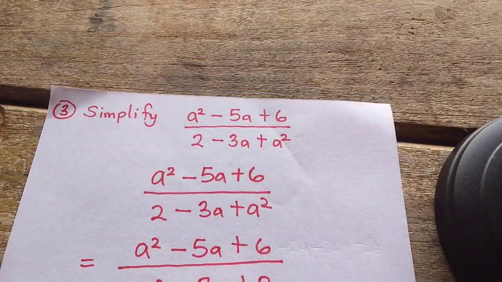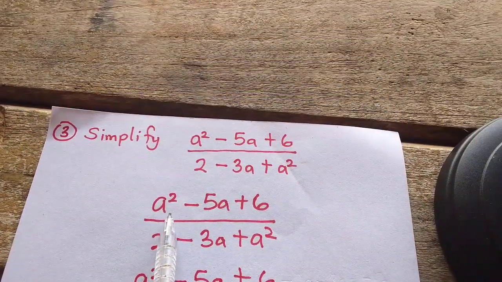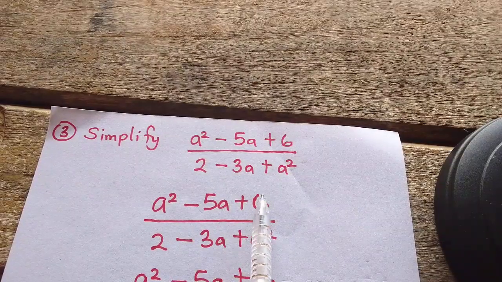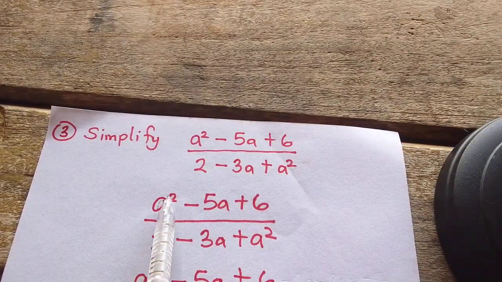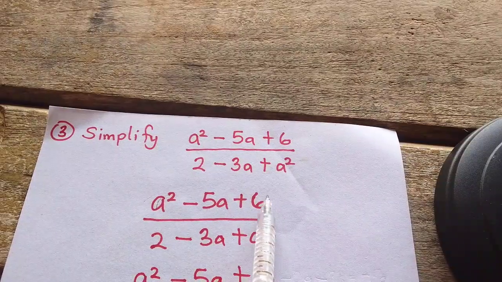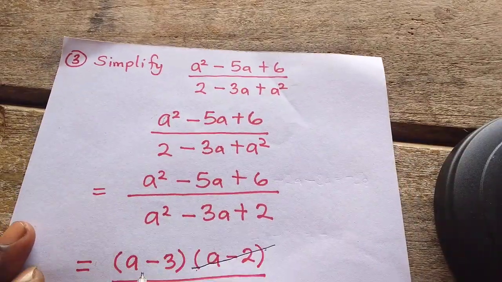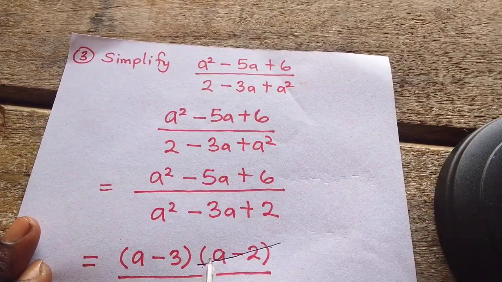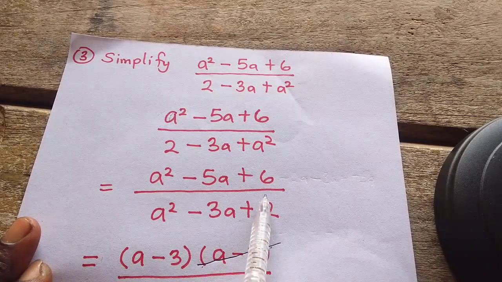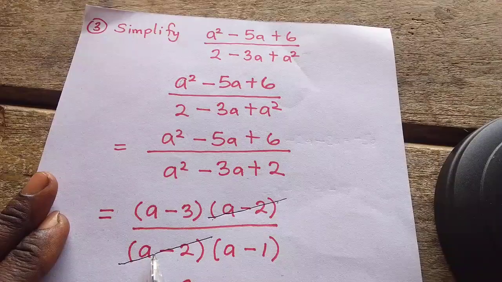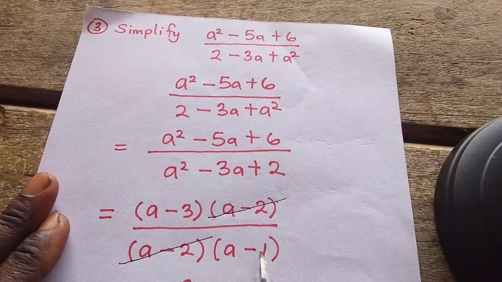In a nutshell, if you are given a squared minus 5a plus 6 over 2 minus 3a plus a squared, you are going to factorize the numerator. When you factorize the numerator, you have (a minus 3) times (a minus 2). Also, you factorize the denominator, you have (a minus 2) times (a minus 1).